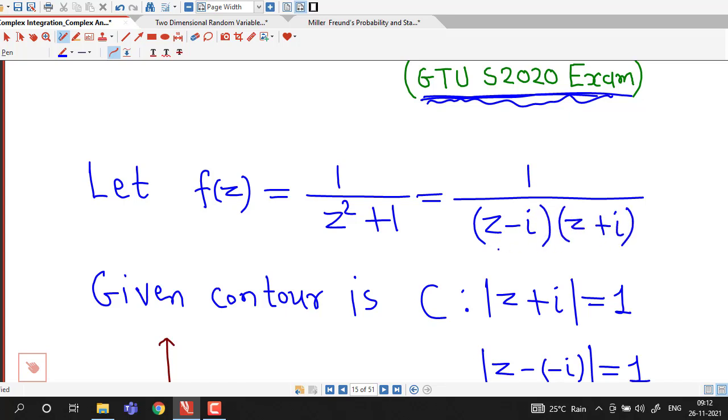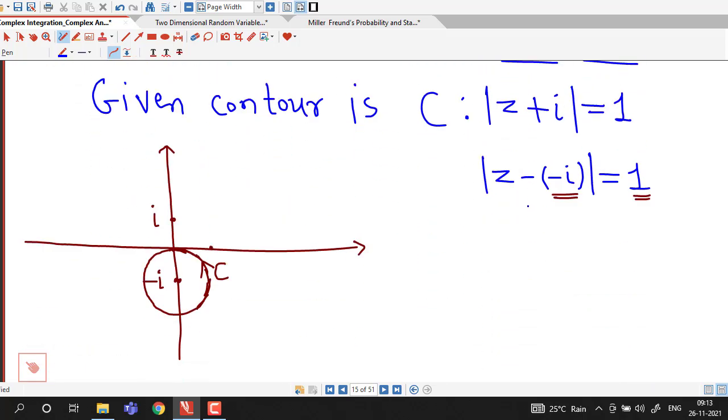If we multiply these two, we have z square minus i square, and because i square is minus 1, we have z square plus 1.